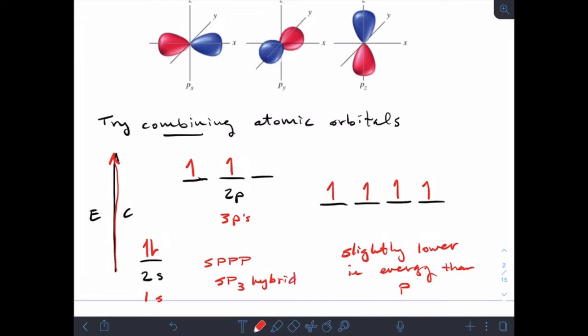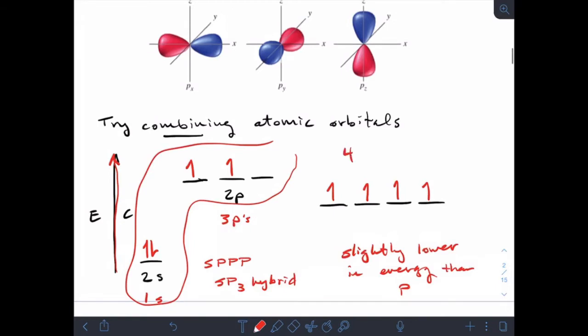Okay, so if I take 4 atomic orbitals, I should get 4 hybrid orbitals. Right? So I'll have 1, 2, 3, 4 sp3s. Okay, and again, that comes from combining one s orbital and 3 p orbitals.